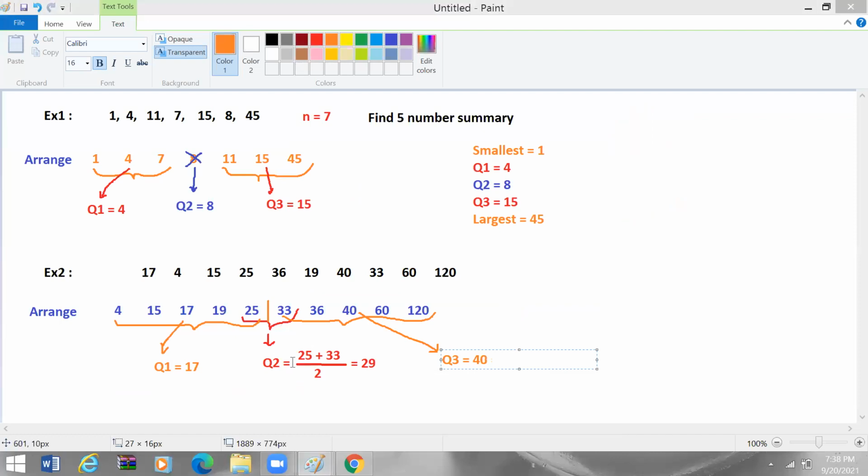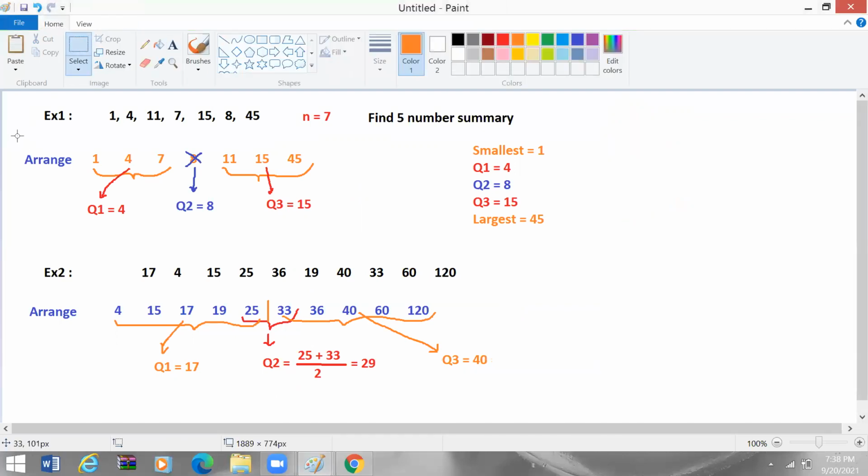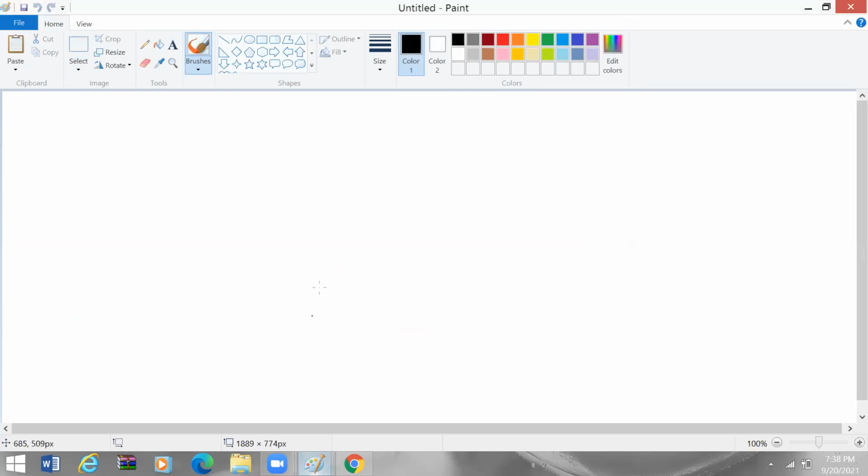So let's check out the question that we have done right there. I'm going to take that example, and I'm not going to redo it. I'm going to identify the outlier using that example.